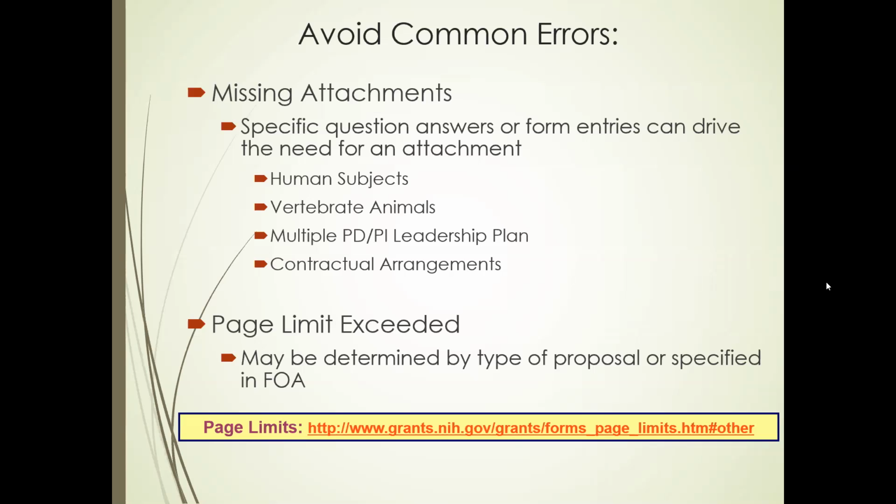It's also not uncommon that we might see something about page limits being exceeded, especially if there's specific information in the solicitation that required unusual page limits. This link on the bottom goes to the standard page limits for the different sections.